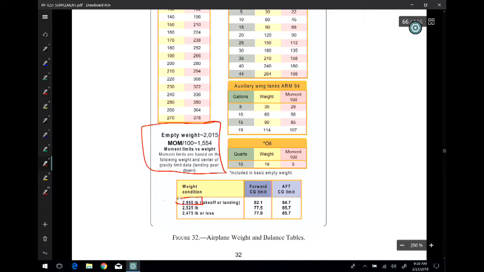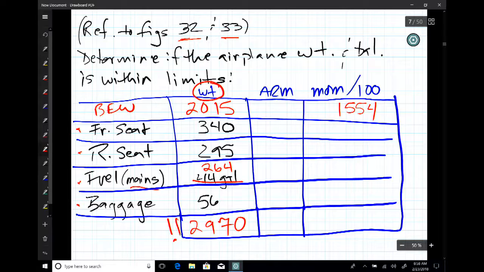So what's the first warning bell that is going to go off in your head here? It looks to me like we might be a little bit overweight. So it looks like we may be 20 pounds overweight, but let's do the math on the rest of it.